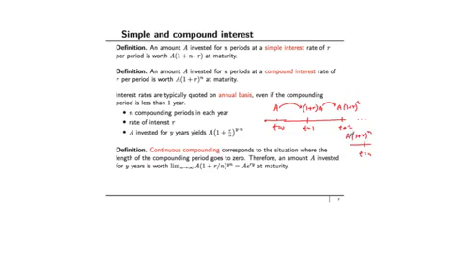Interest rates are typically quoted on an annual basis, even if the compounding period is less than 1 year. If there are n compounding periods in a year and the interest rate is R per year or per annum, then an amount A invested for Y years is going to yield A times (1 plus R over n). So R over n is the interest per period.